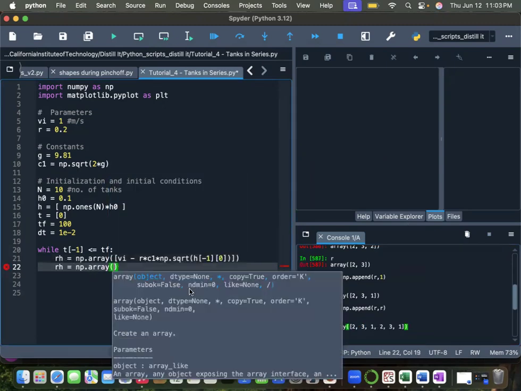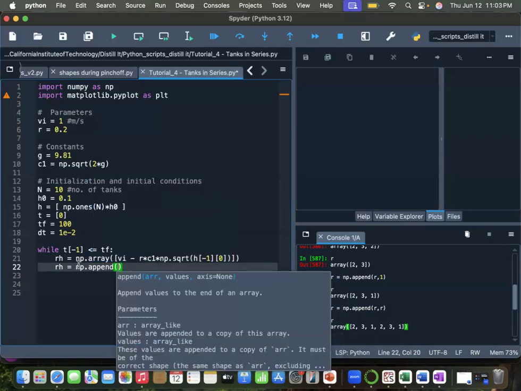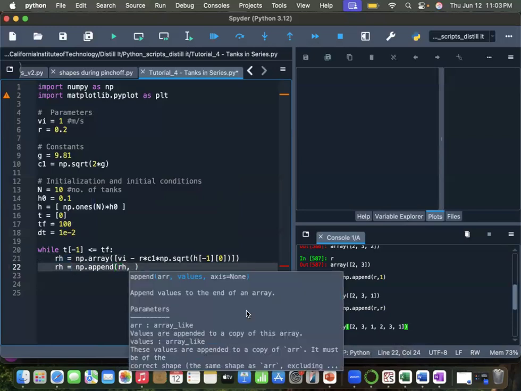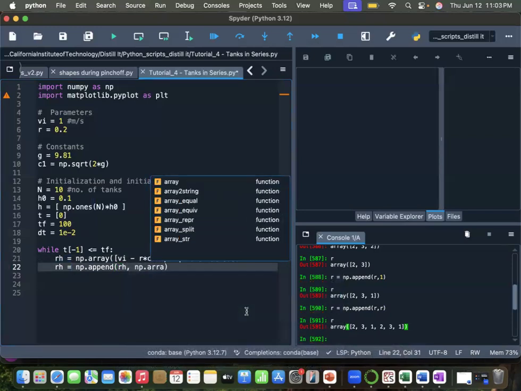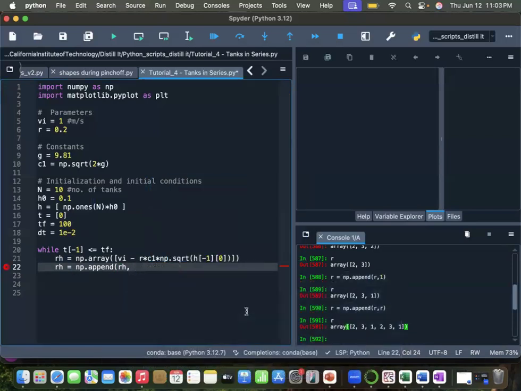So np dot array, and now we are going to append the entire, sorry, 1 second, np dot append, and now we are going to append all of the other RHS to this particular array. So RH comma, and now we'll make the numpy array for all the other RHS. So actually that's not even necessary. The numpy.array is not necessary.